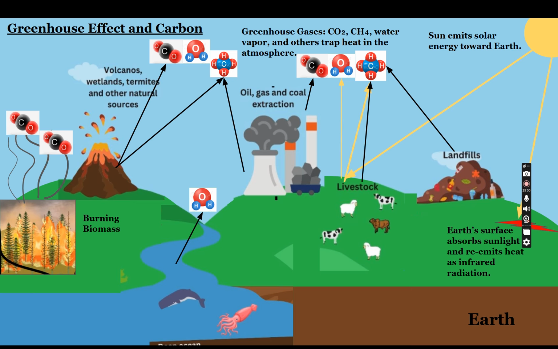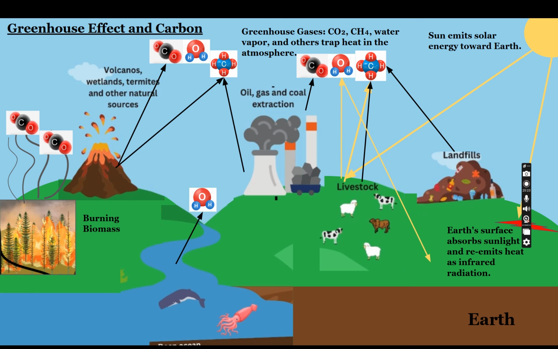It's going to hit this layer of greenhouse gases, and the greenhouse gases are going to warm up. But not only do the greenhouse gases warm up, they also send it back down to Earth in the form of infrared radiation, and they re-emit this heat back to our planet.